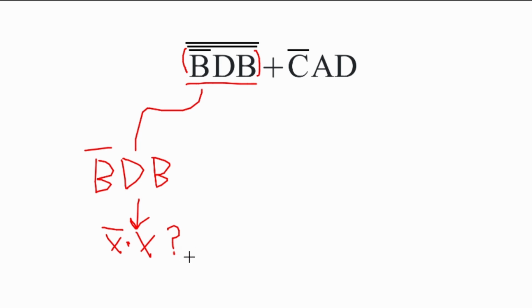What is that going to do? Well, in a digital world where you have 2 opposites, one of them is going to be a 1 and one of them is going to be a 0. When you multiply them together, you will get 0 every time.